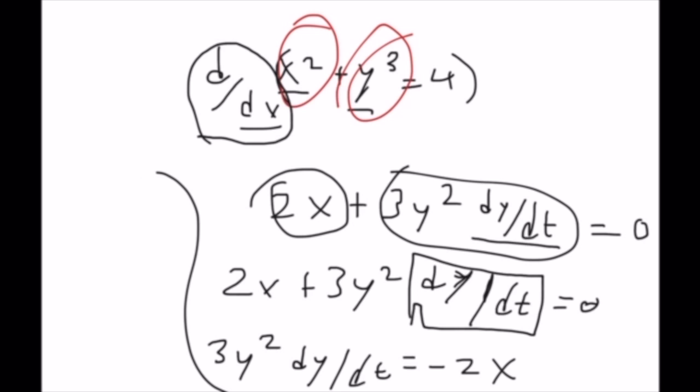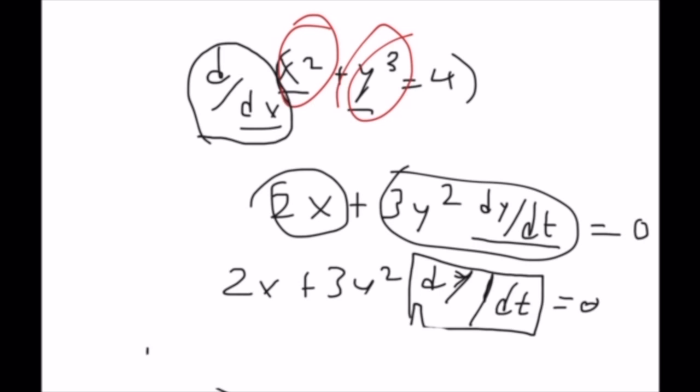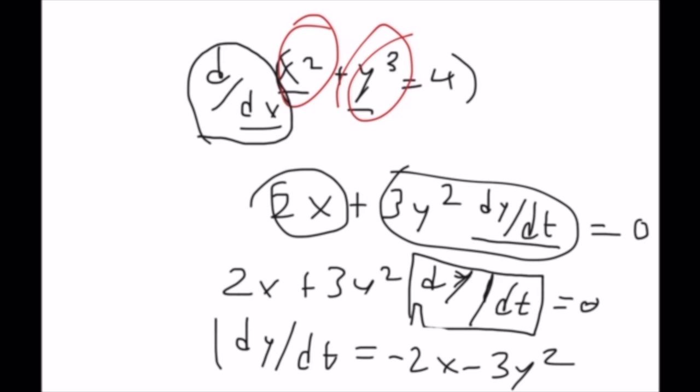Now if I come back up here, dy over dt is equal to negative 2x over 3y squared. So let me just make some space. The final answer for this one is dy over dt equal to negative 2x over 3y squared. And that is our answer.